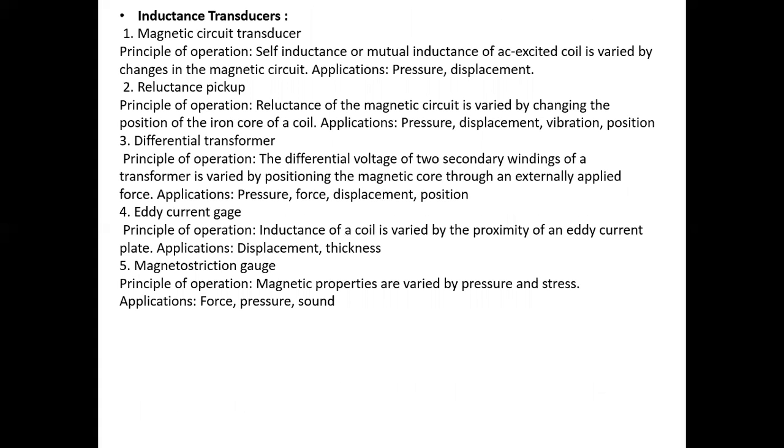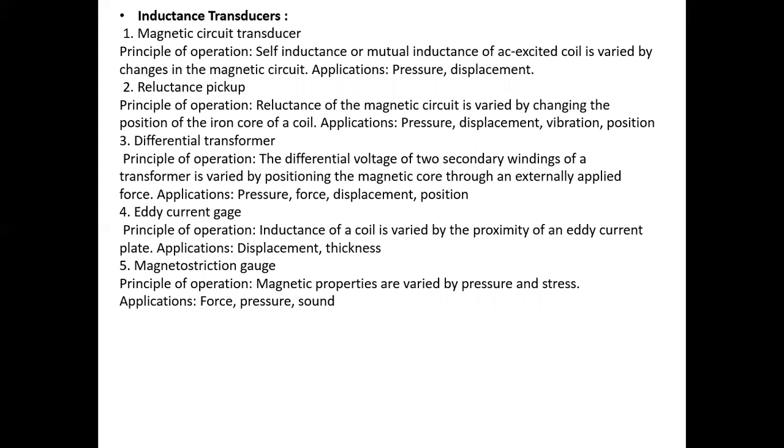First one is the magnetic circuit transducer. It operates on the principle that the self-inductance or mutual inductance of an AC excited coil is varied by changes in the magnetic circuit. Means the inductance value changes according to the change in pressure and displacement.